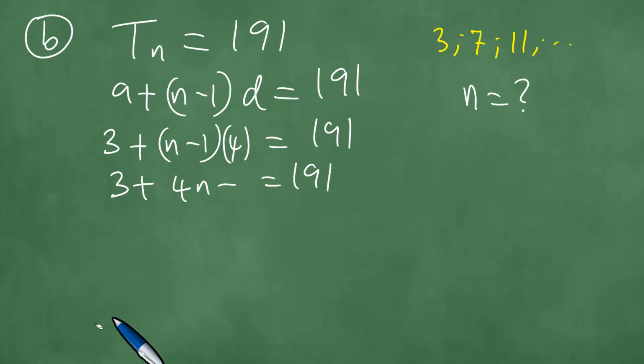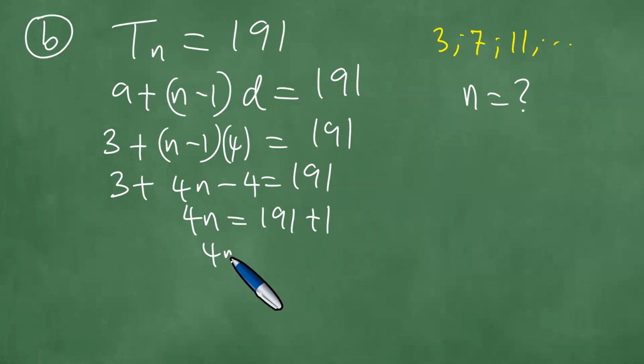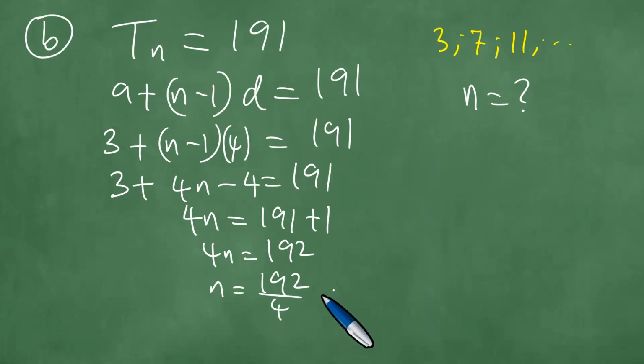Collect the like terms. So which means, therefore, that 4n equals... now, what is 3 minus 4? It is minus 1. And then if you move it across, it becomes plus 1, which means we have 4n, which is 192. Divide 192 by 4.